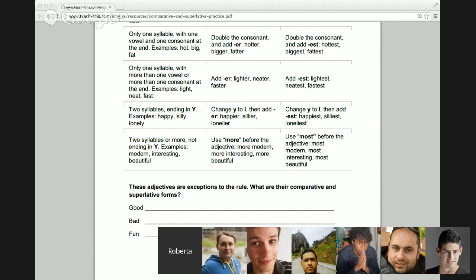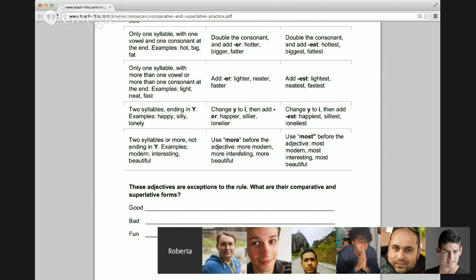So if you want to say he is a very funny person, you could say, he is funnier out of the two people, or he is the funniest person that I know. You can also say that someone is a fun person, but usually funnier describes a person, okay?